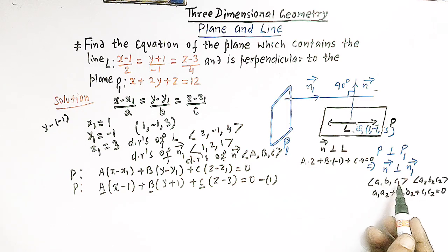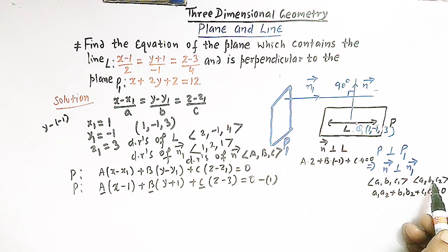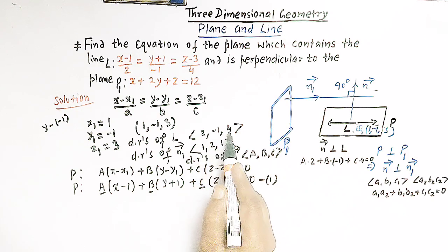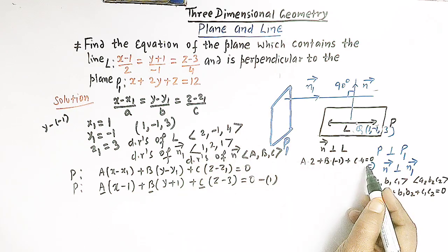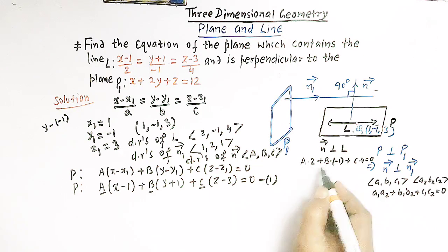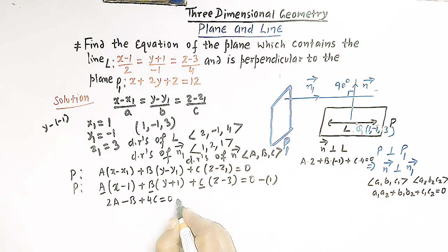So here a1, b1, c1 may be taken as capital A, B and C, and a2, b2, c2 may be taken as 2, minus 1 and 4. So from here we have one equation in three variables, that is 2A minus B plus 4C is equal to 0, right?